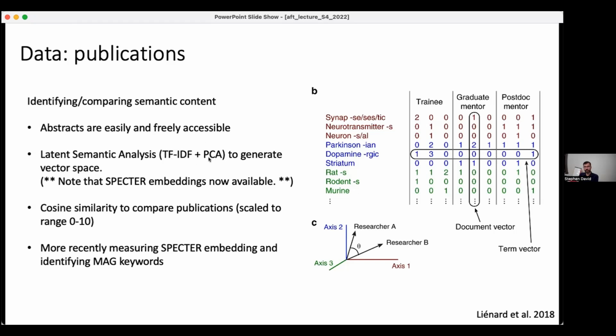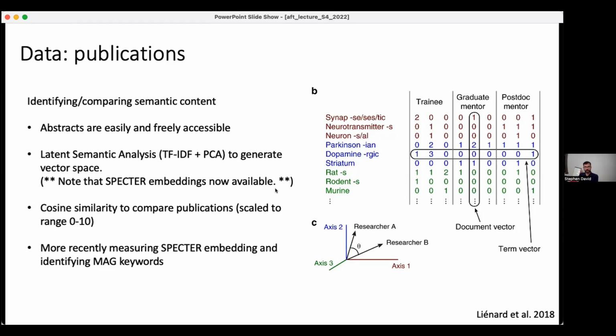We're using word frequency to identify the various important stems, and we can measure how frequently these different words occur relative to how frequently they occur across the larger population. What that gives us is, for every paper, some vector of weights.